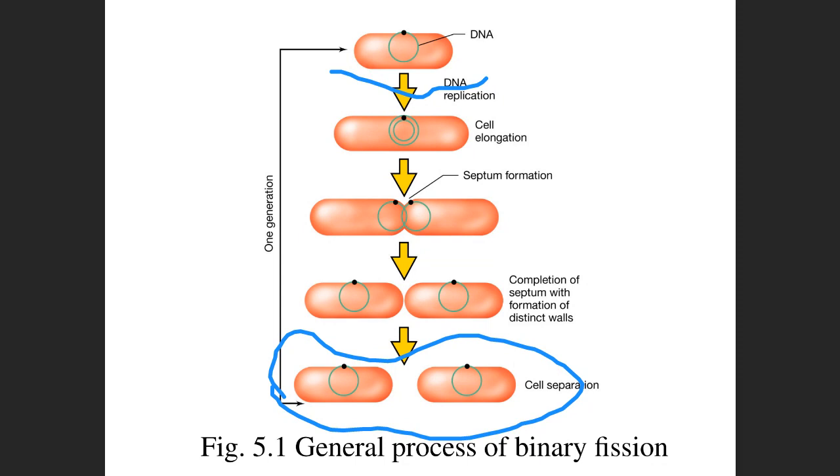First of all, you need to duplicate DNA. And as you're duplicating the DNA, the two DNA molecules need to be physically separated into two daughter cells.